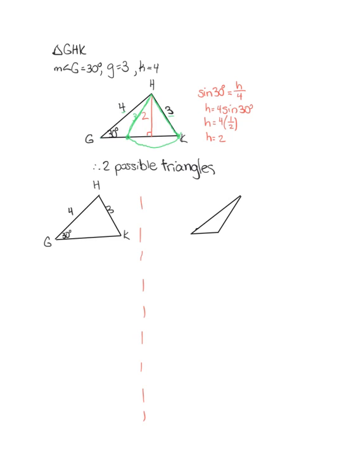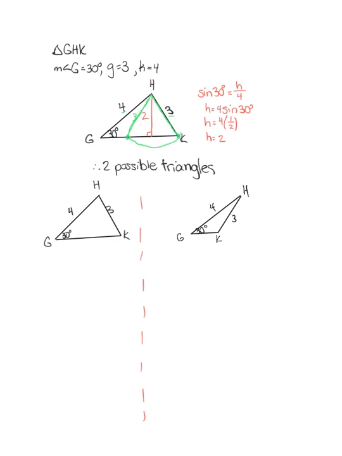So this is still 30 degrees, this is still G, this is still H, this is still K, but this is 3 and this is 4. So I've got 2 different triangles to draw, and hopefully you can see them in my original picture as well. I'm going to start by solving the one on the left-hand side.